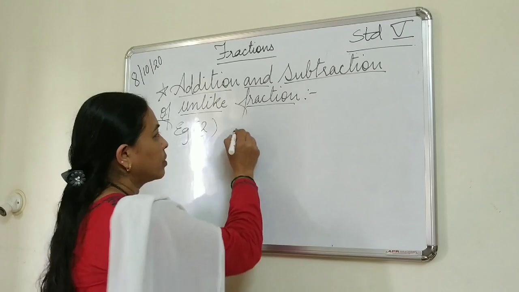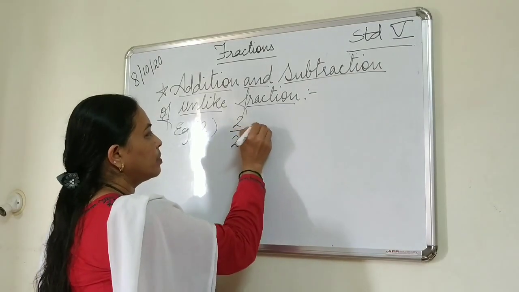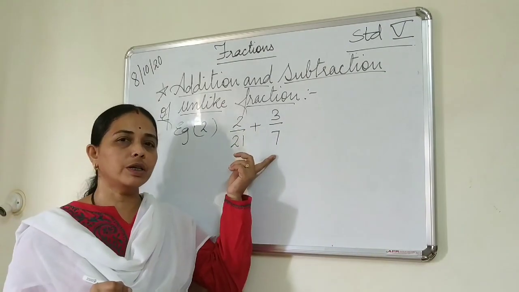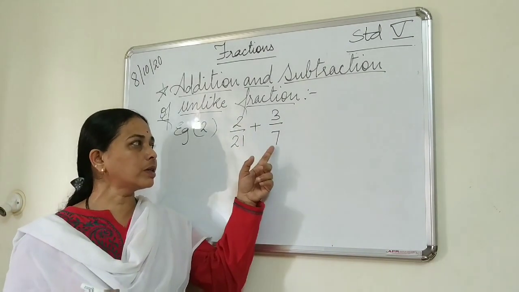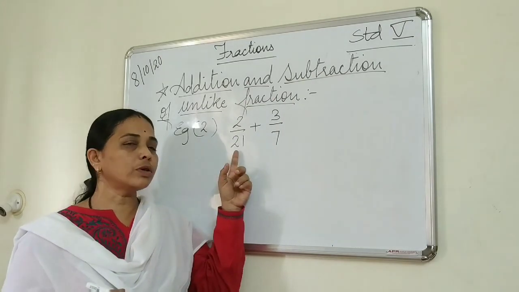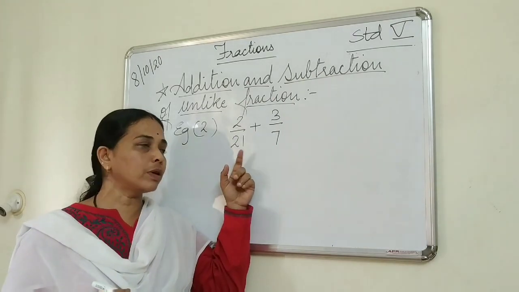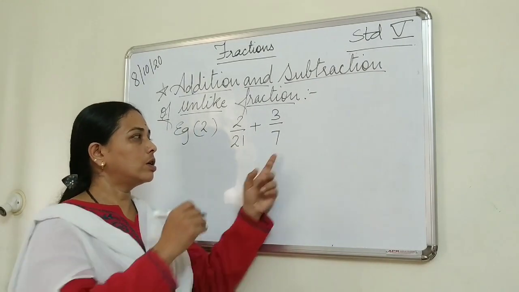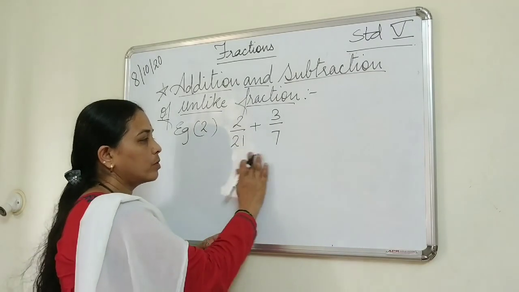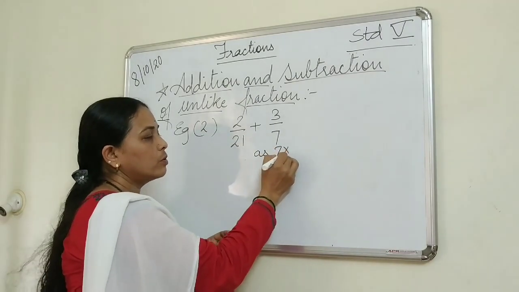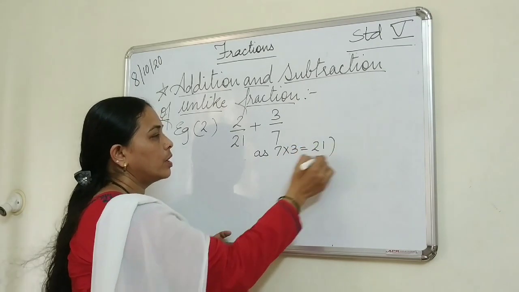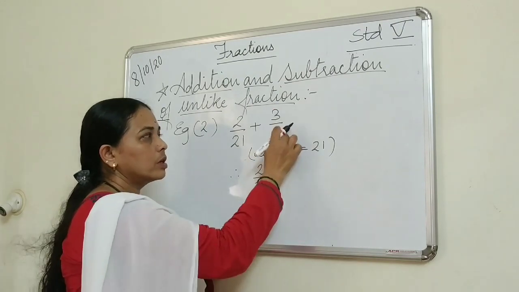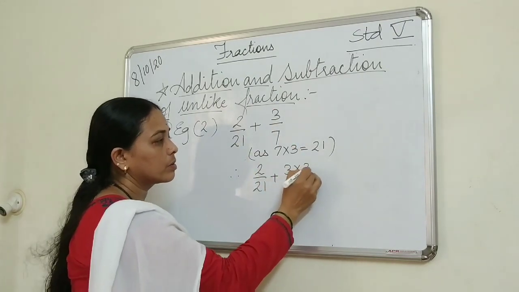Example 2: 2 upon 21 plus 3 upon 7. Here you see you can easily make the like fraction, 21 and 7. Compare it. In 7's table 21 is there. That means 21 is a multiple of 7. So no need to change this fraction. You only change this one. So as 7 into 3 is 21, therefore 2 upon 21 plus this fraction you have to multiply by 3.